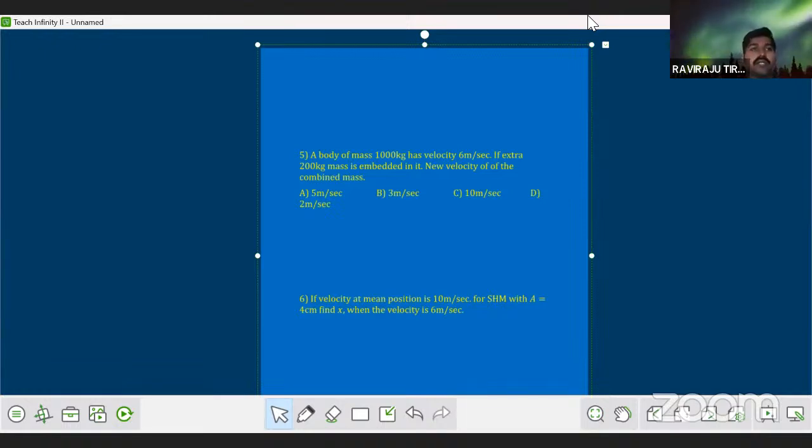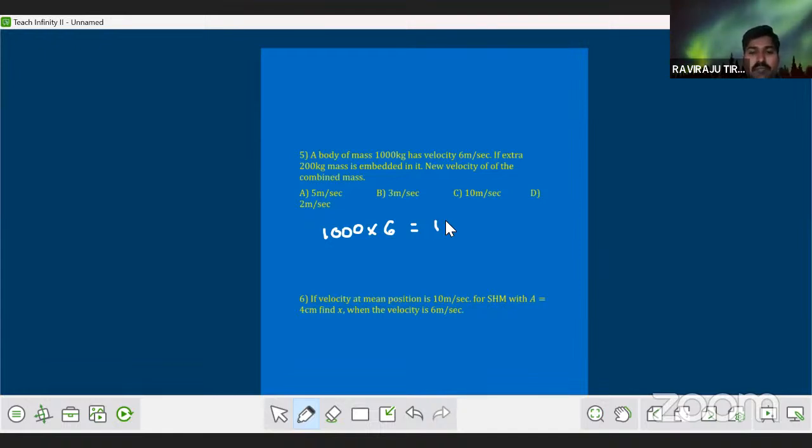That's it. Very good. Simply, it follows conservation of momentum. Initially, whatever mass into velocity we have, the same product will be there after adding some extra mass also. How can we solve now? 1000 into 6, that is the initial momentum.